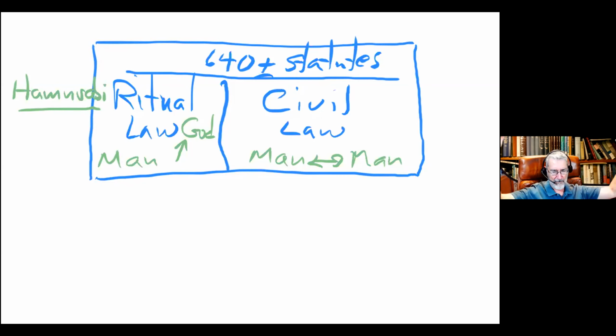A great big limestone stele carved with the cuneiform laws of the Babylonians. And what is fascinating about the laws of Hammurabi is there's about 470 of them, and they mostly have to do with civil law. But Hammurabi is all case law.